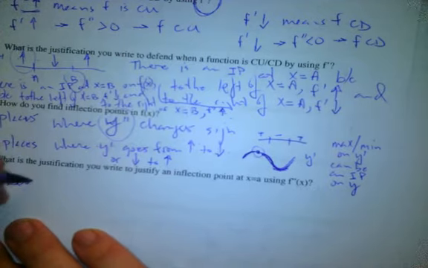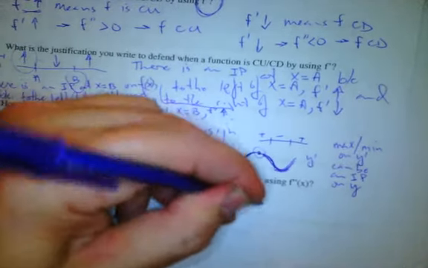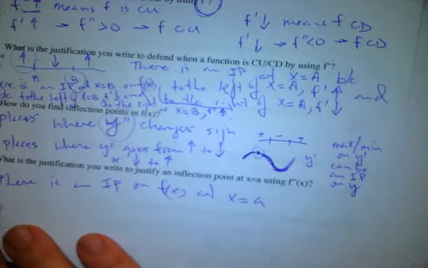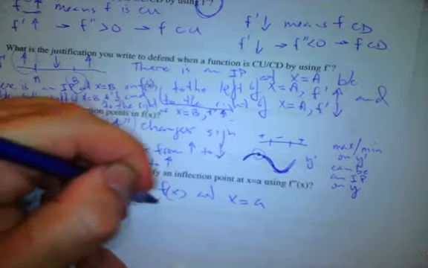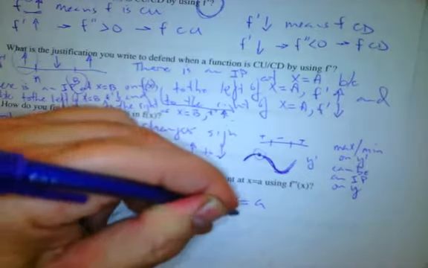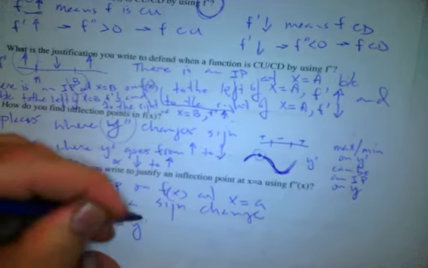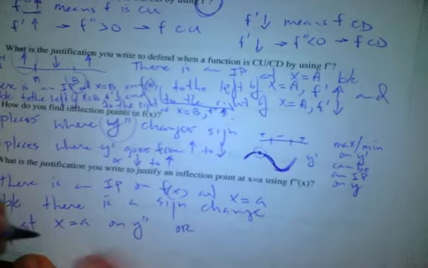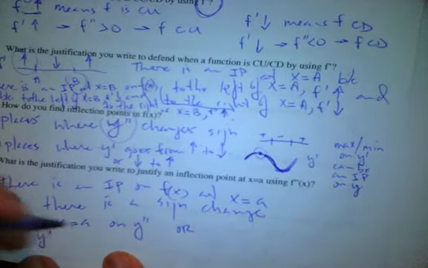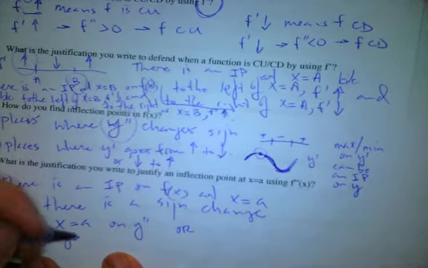Okay, what is the justification you would write for an inflection point at x equals a using f double prime? I would say there is an inflection point on f of x at x equals a because there is a sign change at x equals a on y double prime.